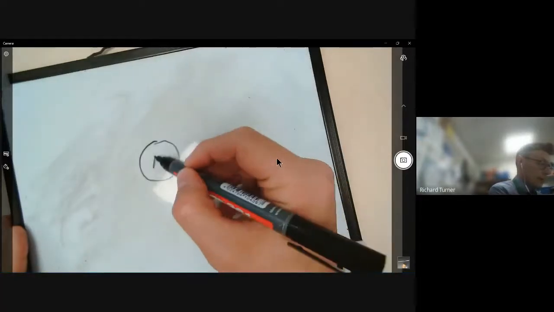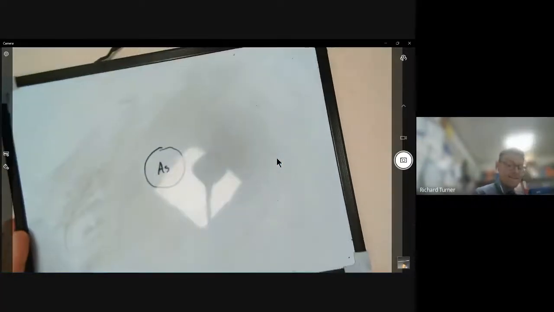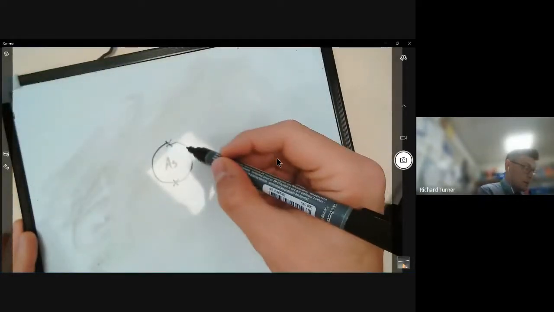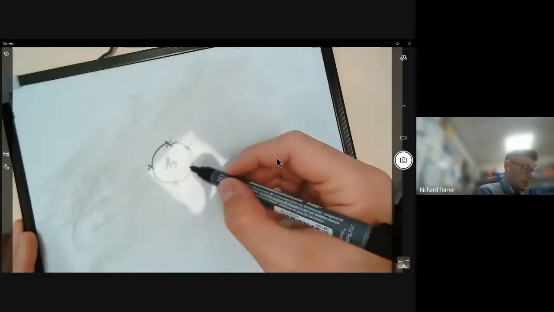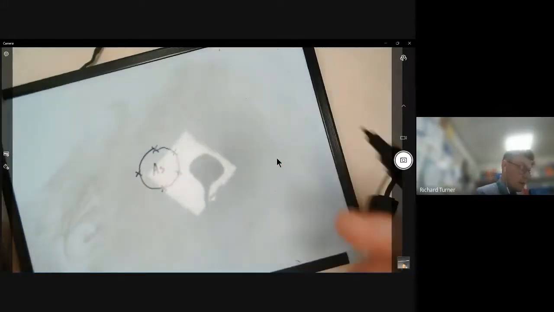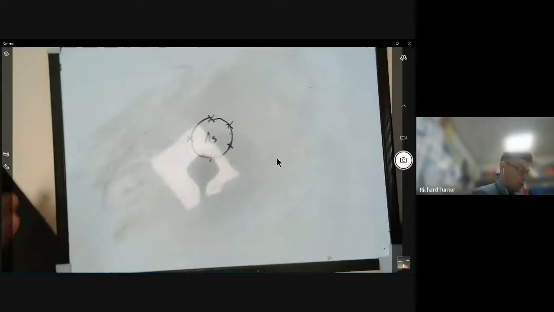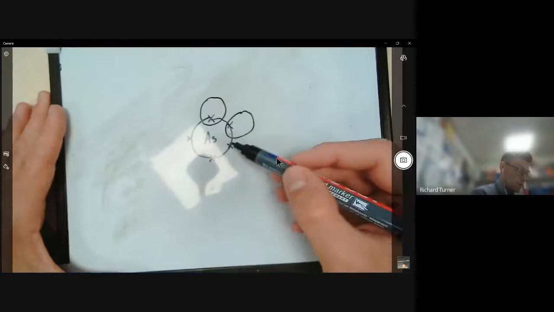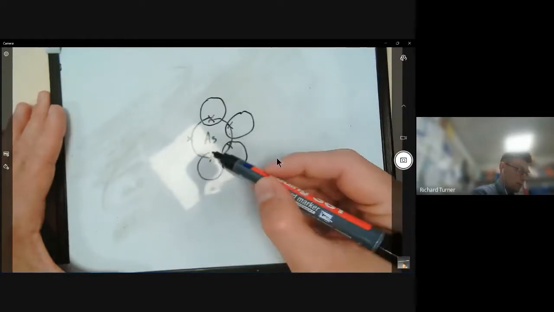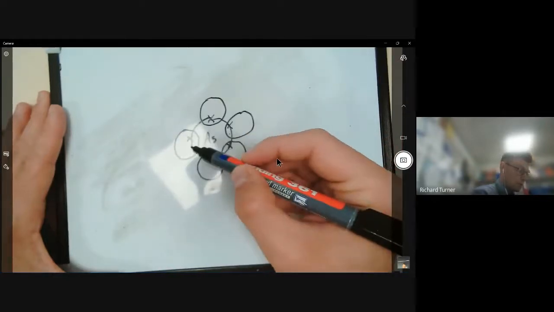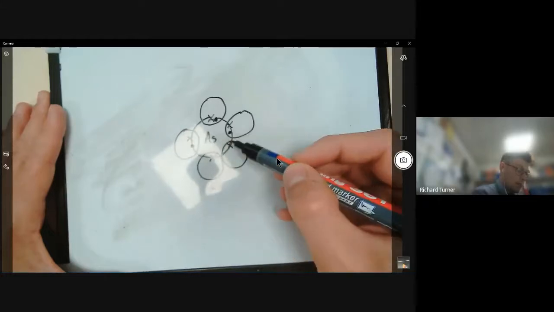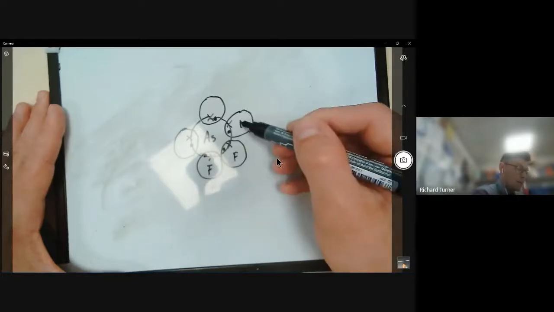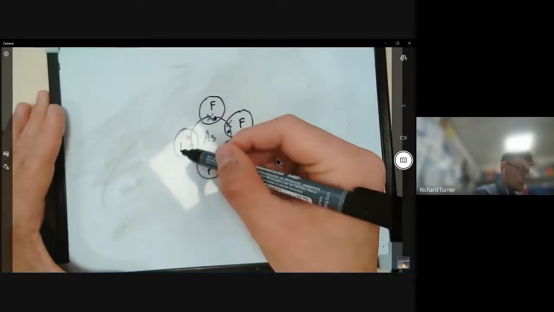So astatine has 5 electrons on its outer shell. Okay, and we know we've got 5 fluorines, so we are going to go 1, 2, 3, 4, 5. So they are the covalent bonds to the fluorines.